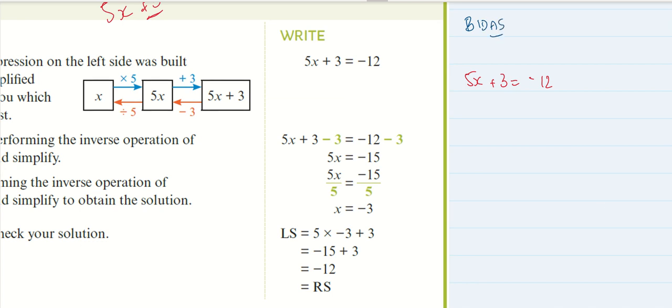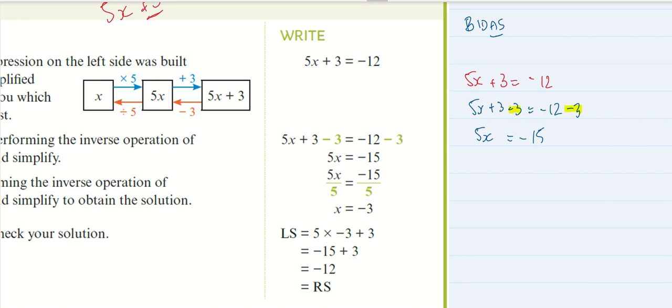So I'm going to remove all the addition and subtraction. So it's just going to be 5x plus 3 minus 3 equals negative 12 minus 3. What you can see is that what I've done on one side of the equal sign, I've done to the other. So I rewrite this now to say 5x equals, now negative 12 take 3 has got to be negative 15.